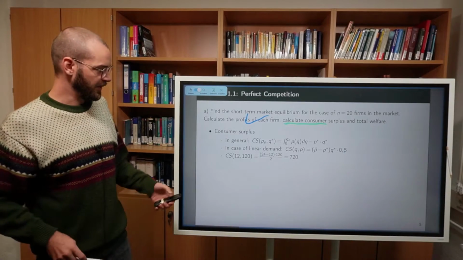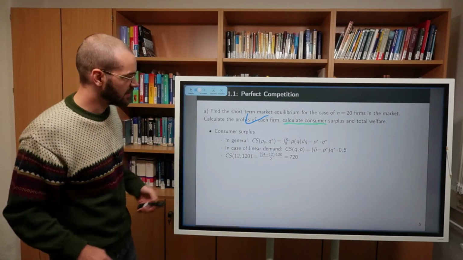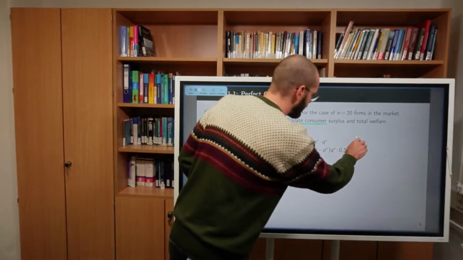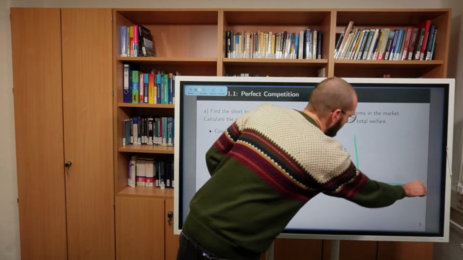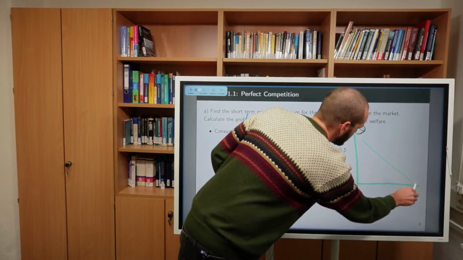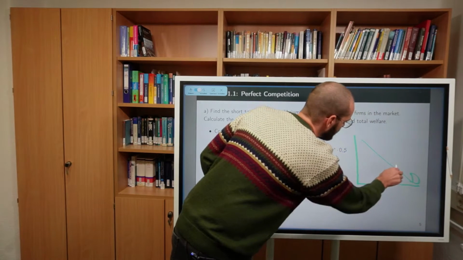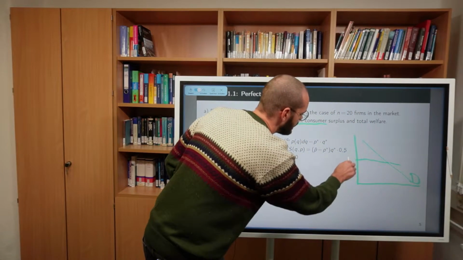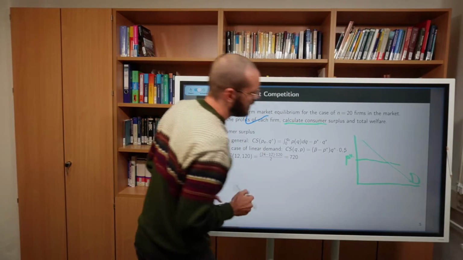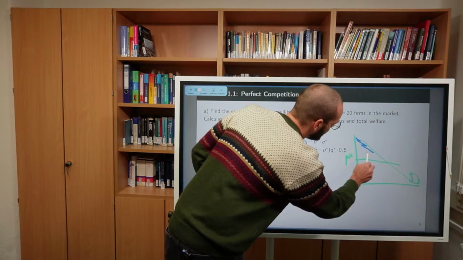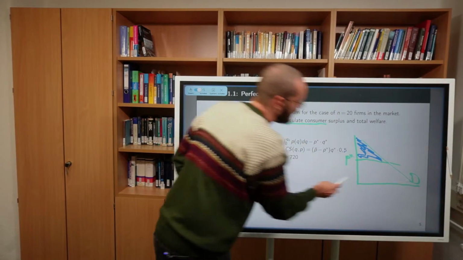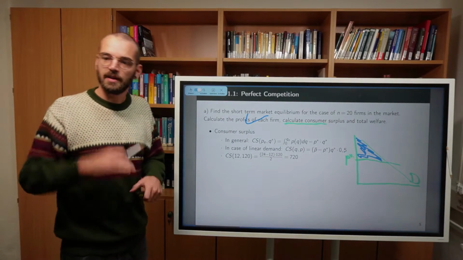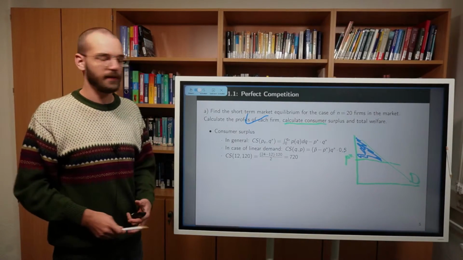So if we were just to illustrate this situation, right, we have this demand function which is negatively sloped, we have some kind of market price, then consumer surplus would be this area below the demand function and above the market price, just as a quick reminder.